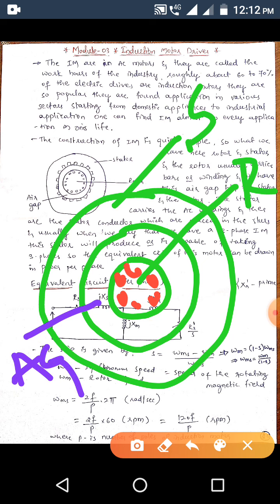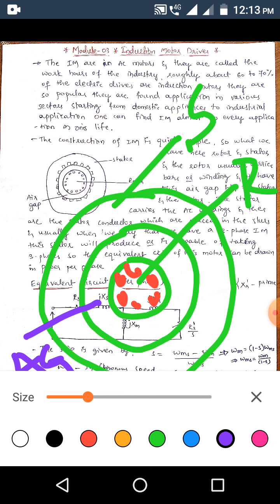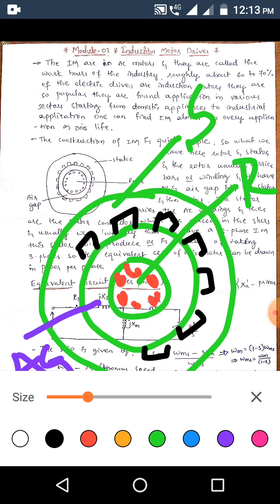So we have the windings in the stator here. The stator carries the AC windings, and these are the stator conductors. So you can look here, these are the stator conductors.